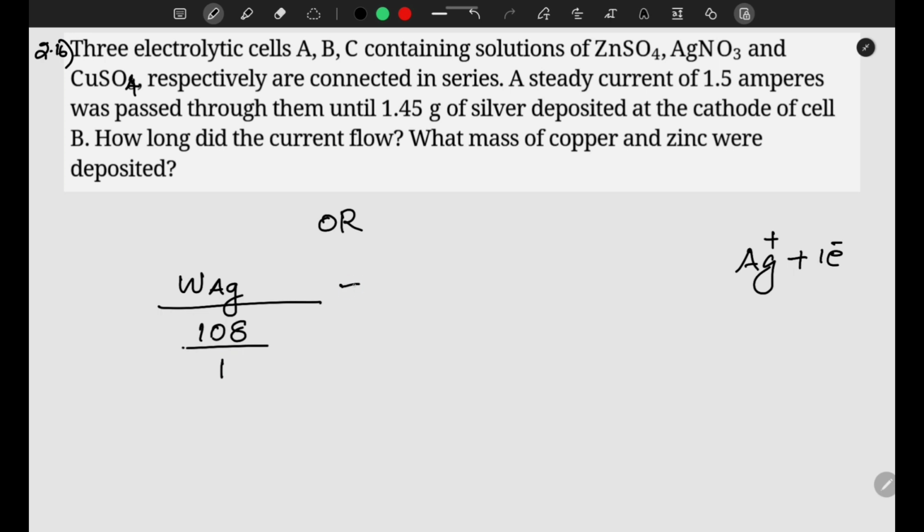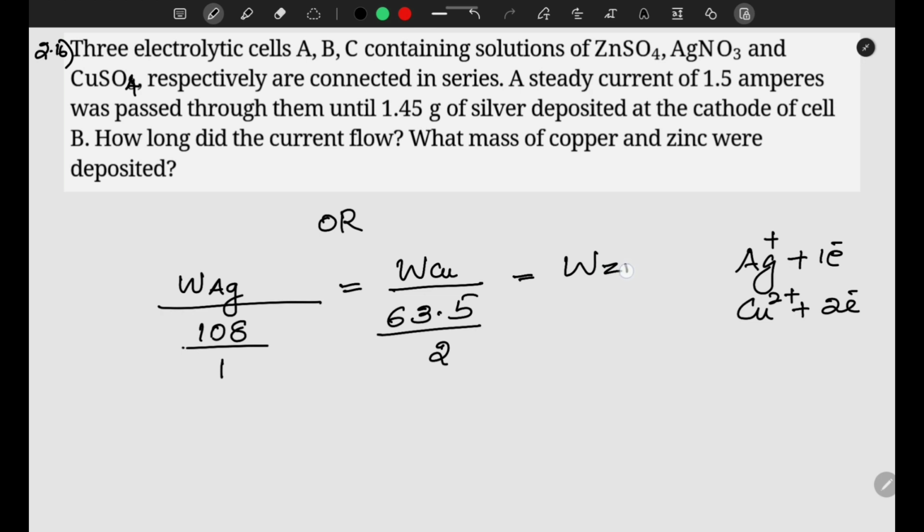So 1, that is equal to mass of copper divided by its atomic mass 63.5 and number of electrons used for reducing Cu2+ is 2 electrons. So by 2 is equal to mass of zinc divided by atomic mass of zinc 65.3 divided by number of moles of electrons used for reduction, which is equal to 2.